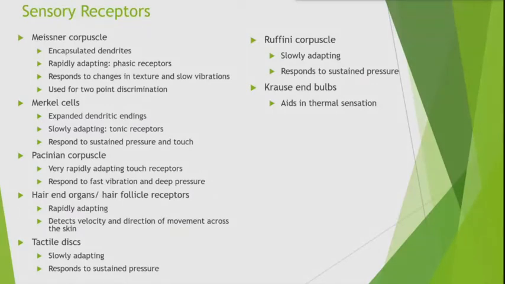So is the dorsal column first order neuron or second order neuron? First order neuron. Okay, is the lateral spinothalamic tract second order neuron or first order neuron? The second order neuron. Okay, that's fine.